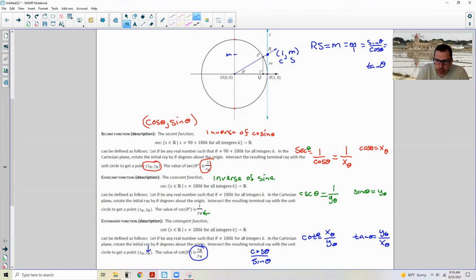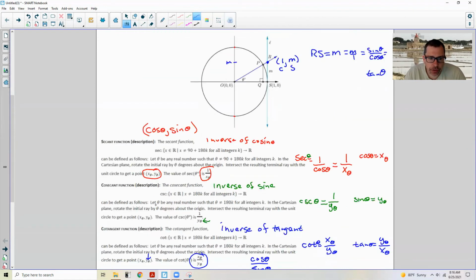So if tan theta is y over x and cotangent is x over y, then cotangent is the inverse of tangent. So there are the three definitions of our cofunctions.